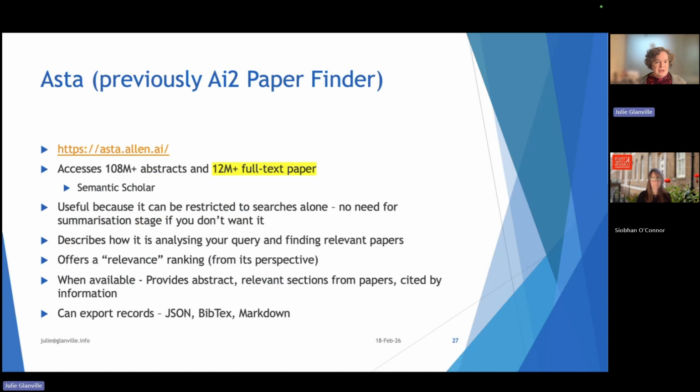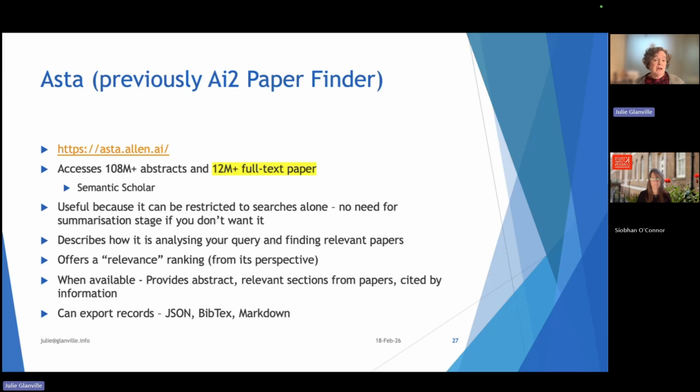So I mentioned that Aster is my favorite at the moment, and it's mostly my favorite because it's searching not just abstracts, but also has access to 12 million full text papers.